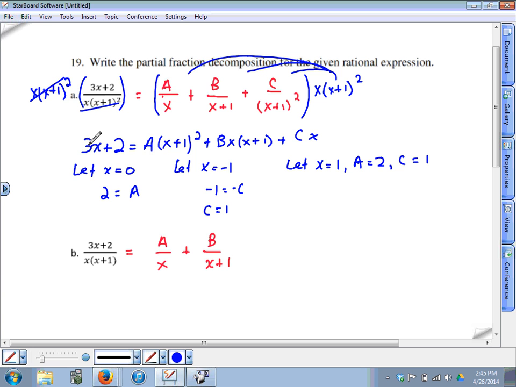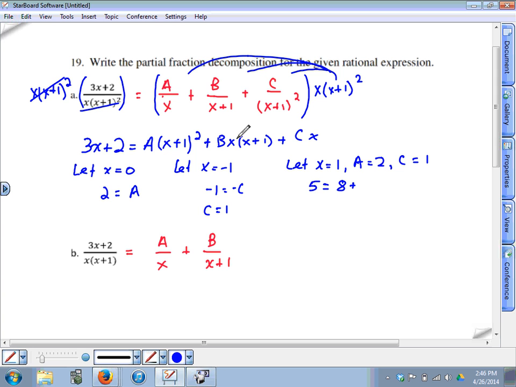So if x is 1, we get a 5 out of the left side of the equation, and if A is 2, and if x is 1, we get 1 plus 1, which is 2, 2 squared is 4, 4 times A, which is 2, 4 times 2 is 8, and that's a plus.